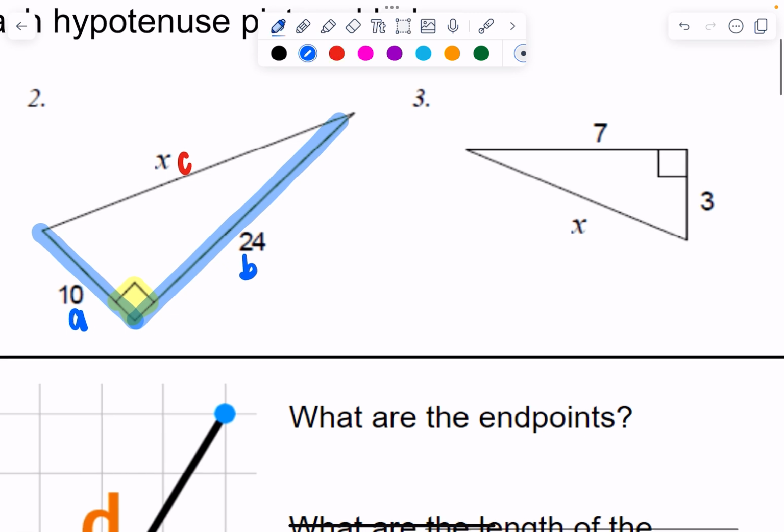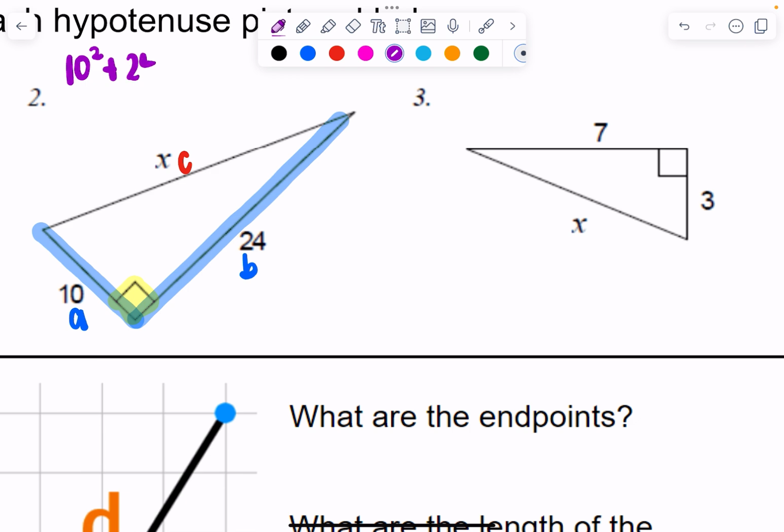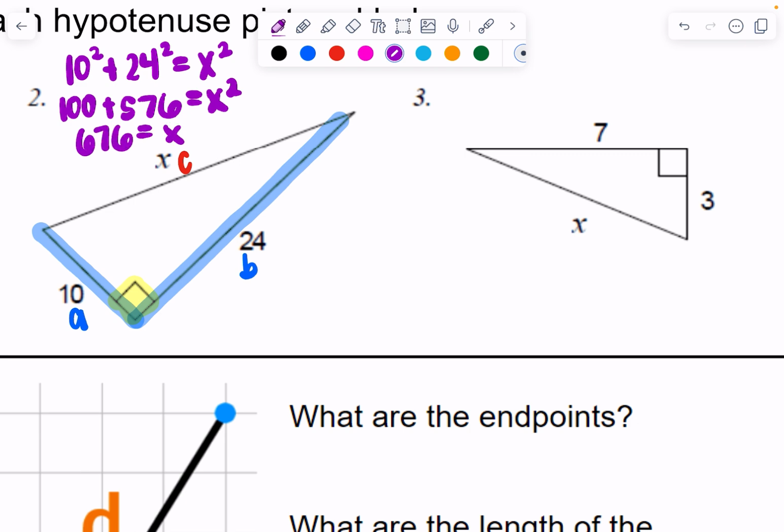So up top here, I'm going to write 10 squared, which is A, plus 24 squared, which is B, equals X, which is our C. So A squared plus B squared equals C squared. So we have 10 squared. We should know that that is 100. 24 squared is 576. And when we add those two numbers together, we get 676 equals X squared.